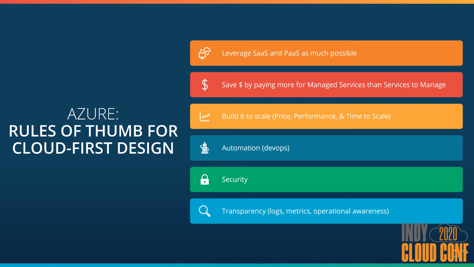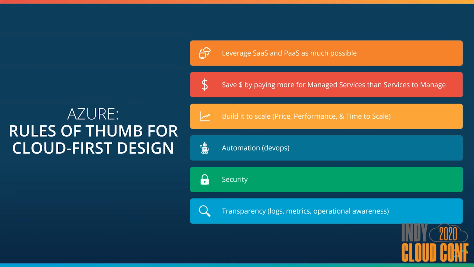Next, it goes hand in hand with what we just talked about, but it often saves you money by spending more money for a managed service rather than managing a service that you have to build and maintain. What that means, and this goes back to the use PaaS more than IaaS bullet point, is that it's often cheaper to pay somebody else who has teams and teams of people dedicated to operating system security, to infrastructure stability, making sure that multiple parallel routes are going to multiple systems.